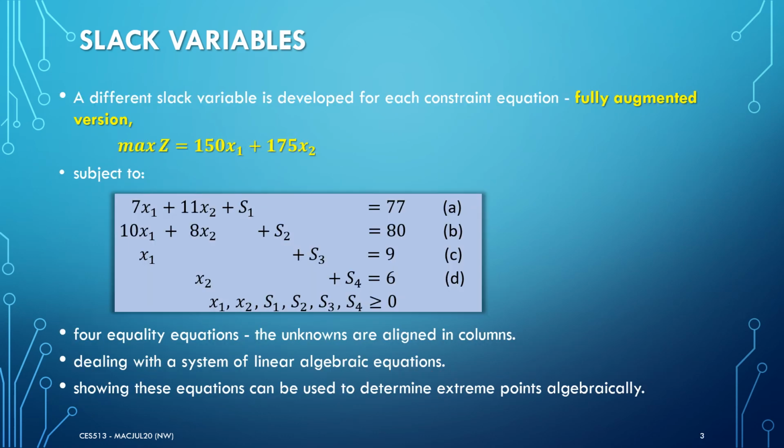Now, a different slack variable is developed for each constraint equation, resulting in what is called the fully augmented version.